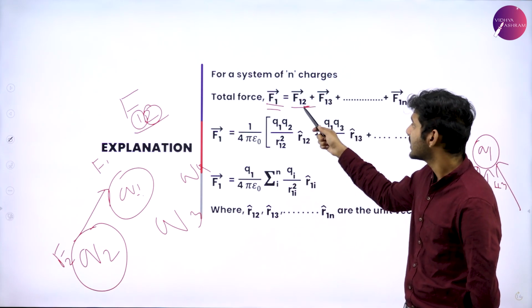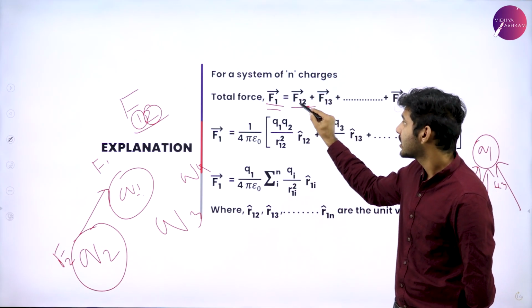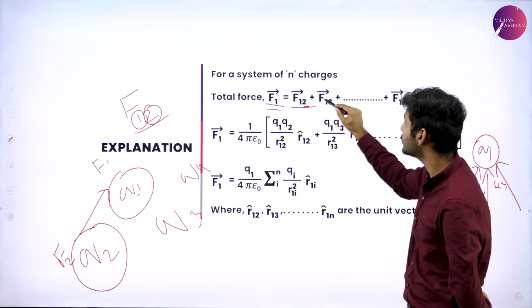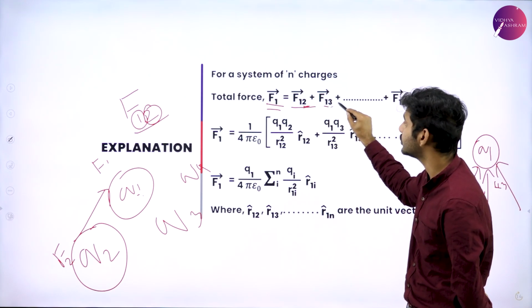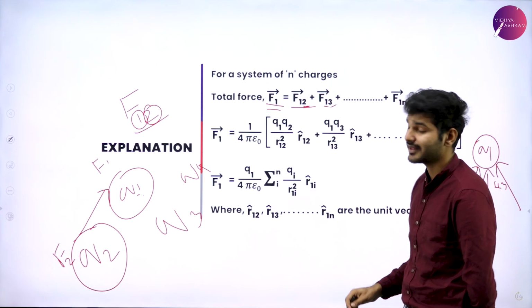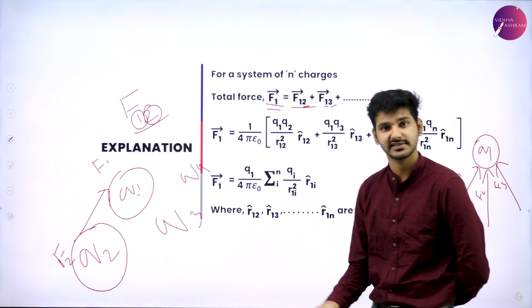Similarly, F12 means that Q1 is experiencing a force due to Q2, and then Q1 is experiencing a force due to Q3 and so on. Q1 is experiencing a force because of the nth charge in that system.